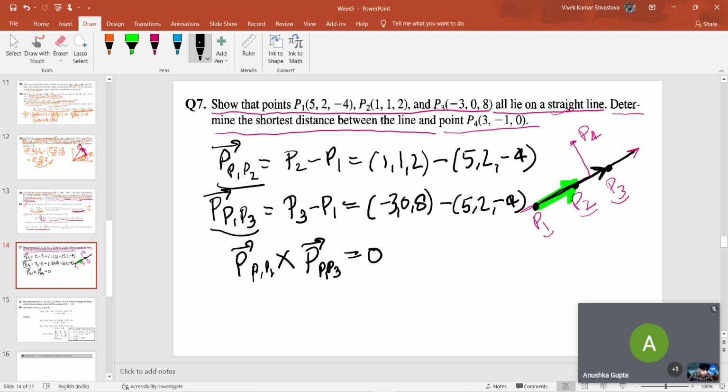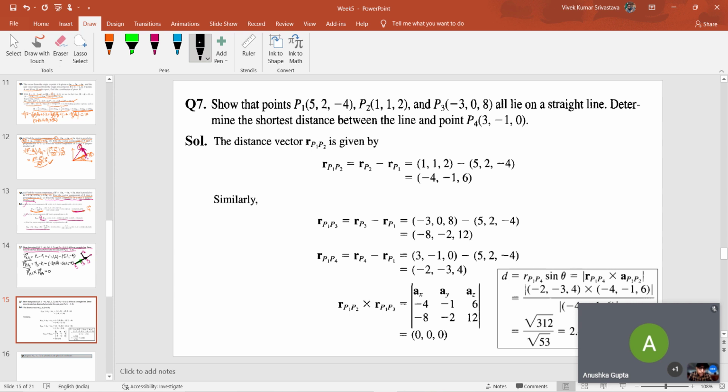And if these 3 points lie on the straight line, then for finding out the shortest distance between this line and this point p4, let us directly come to the answer.